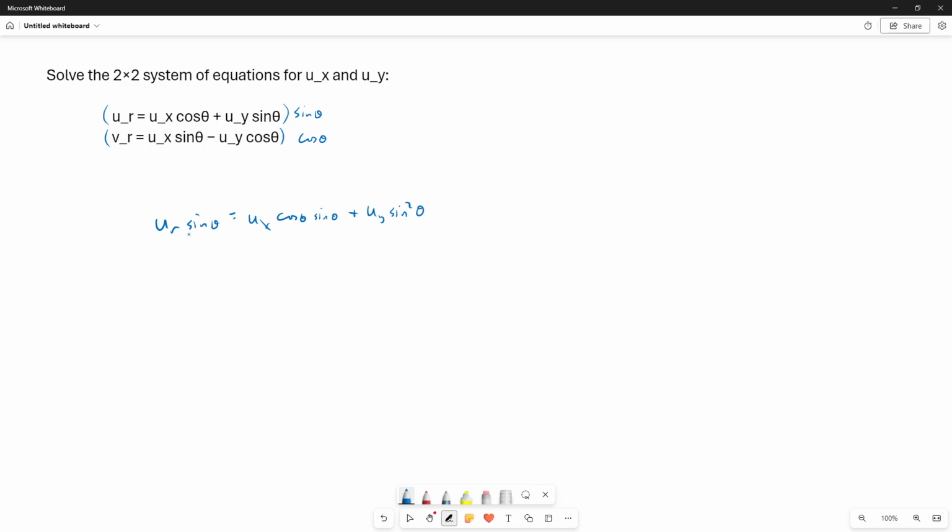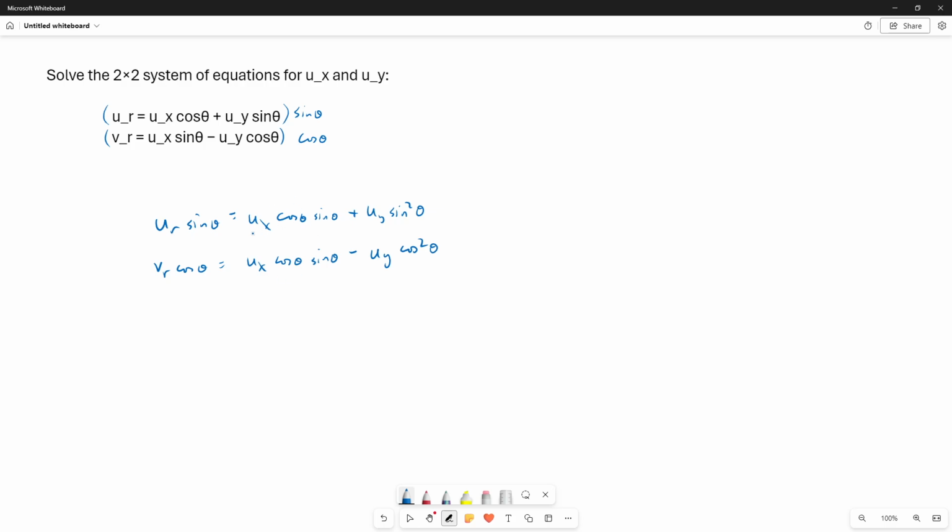And the second equation will be v sub r cosine theta equals u sub x cosine theta sine theta. And we'll notice that these two are exactly the same, and that was the reason for this choice at the beginning. And then minus u sub y cosine theta times cosine theta, which is cosine squared theta.